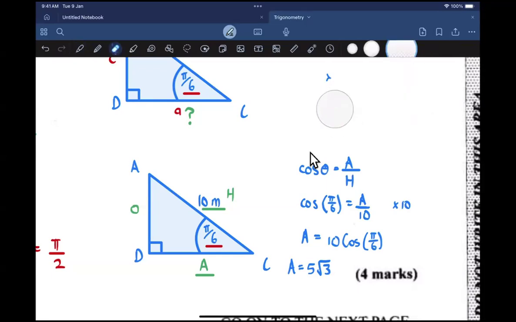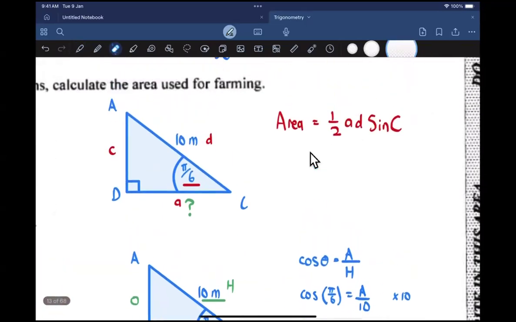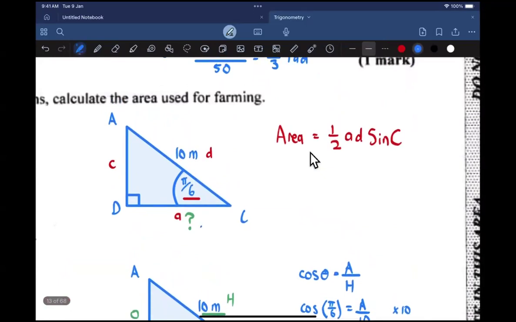Now that we know that this length is 5 root 3, I can use it to find the area. So this is 5 root 3. I could use it in this formula now. So tell me what I'm plugging into this formula? That would be a half, what by what?